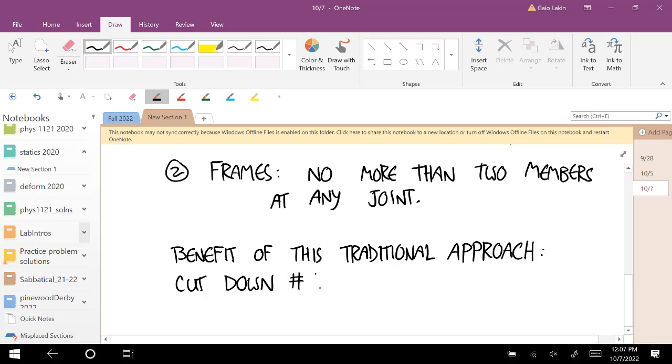When these approaches started being taught as the basis of statics, calculations were done by hand, and so cutting down the number of variables and equations a lot was a big deal. But that was many decades ago.